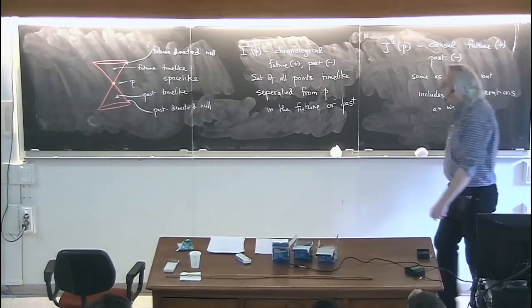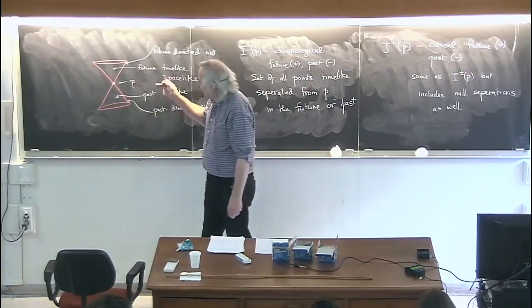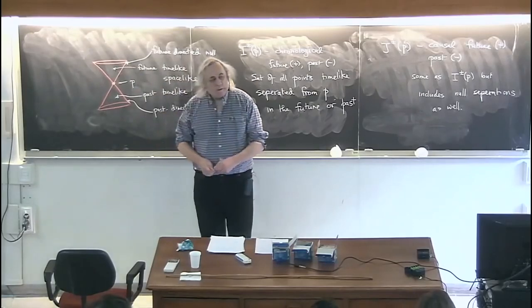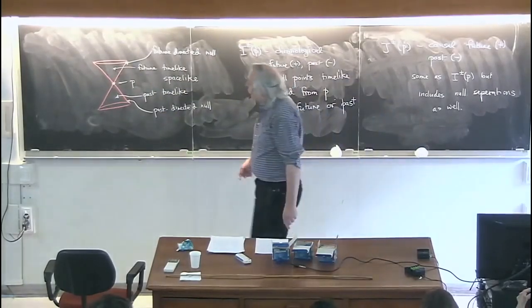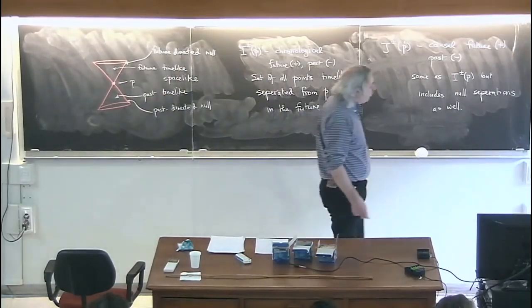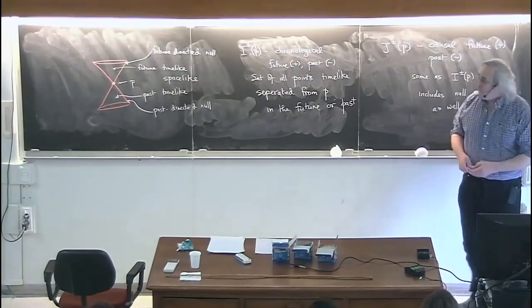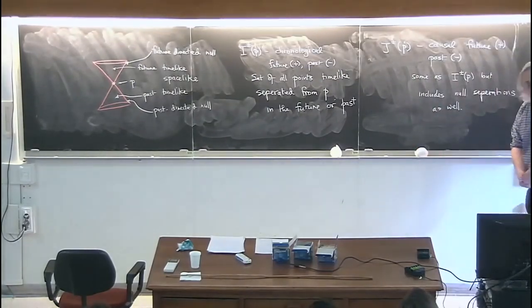So what that means is that the causal future and past really defines what can influence the point P, or what the point P can influence in the space-time. So it's a way of describing how various things can influence each other in the particular space-time.